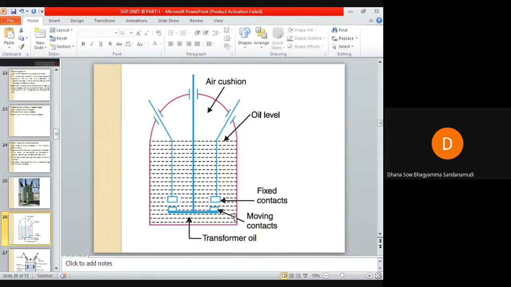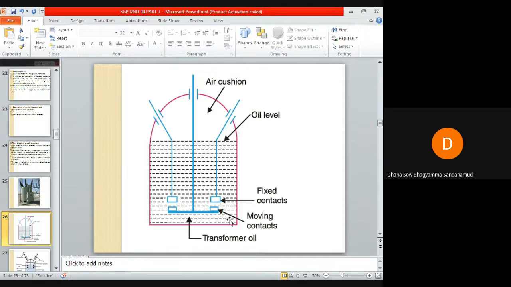This moving contact and the fixed contacts are immersed in the transformer oil, and this transformer oil is filled in a strong, weather tight, and earthed metallic tank.